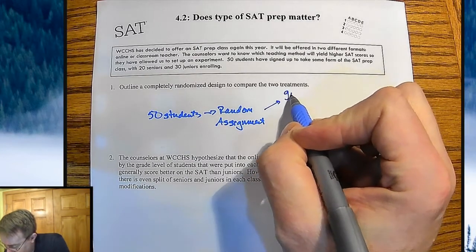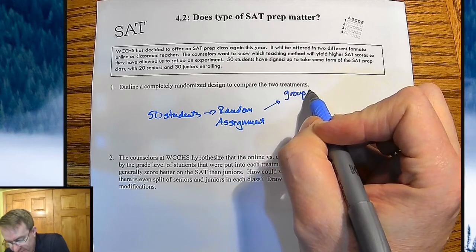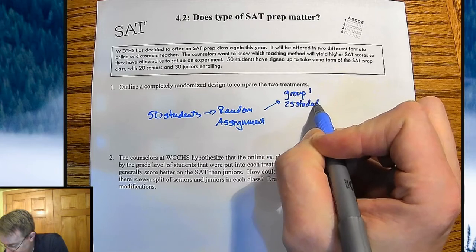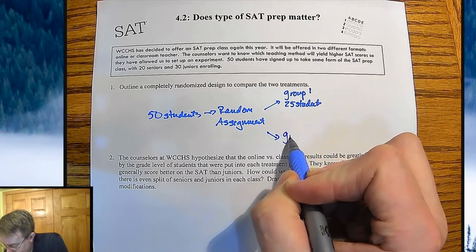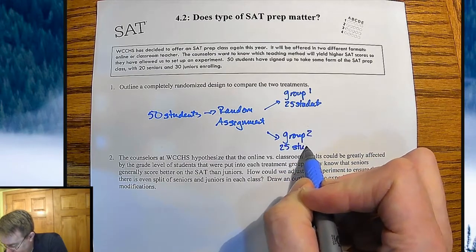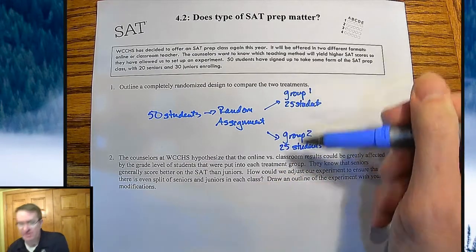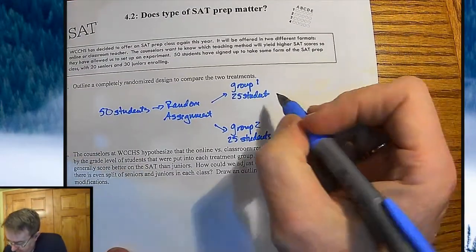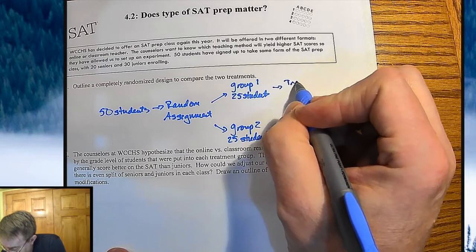So we're going to take 25 students up here in group 1. Group 2, same thing. Remember that random assignment is going to keep those groups relatively similar. And so we're going to give them treatment 1.